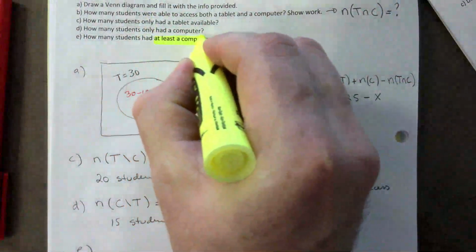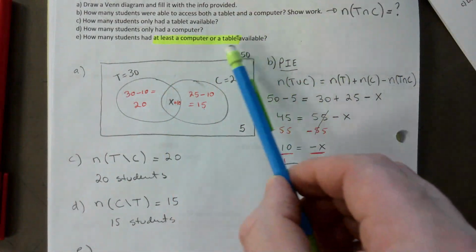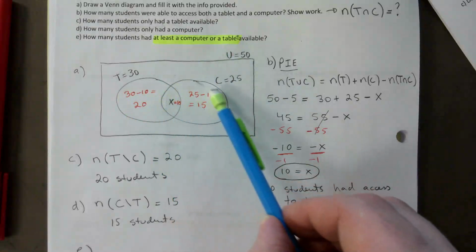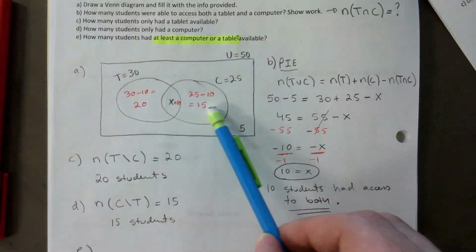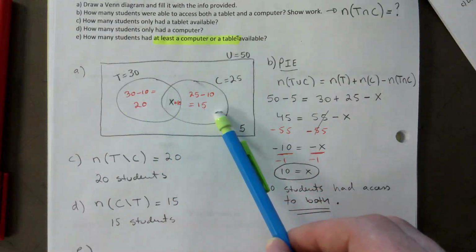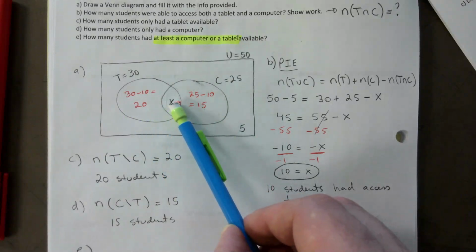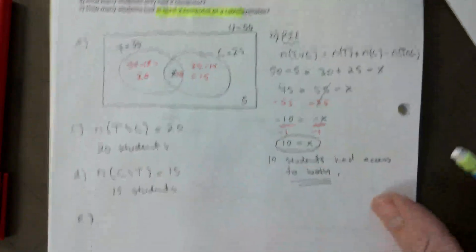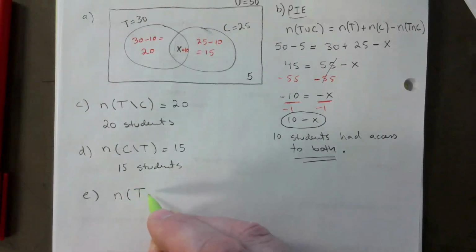Had at least a computer or tablet available. It is actually asking you to just unite this. Unite the sets, just add up the 3 sections here, and that's all I want. They had at least a tablet or a computer, or they had both. That's what that is saying. So I'm just going to tell you that that's asking for T union C.